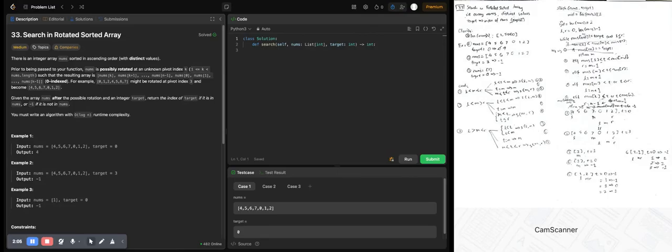Okay, let me read the problem to see if I have any questions. We have an integer array nums, all of which are distinct values. The array is then rotated at an unknown index k, such that the resulting array is shifted. Wait, one second.